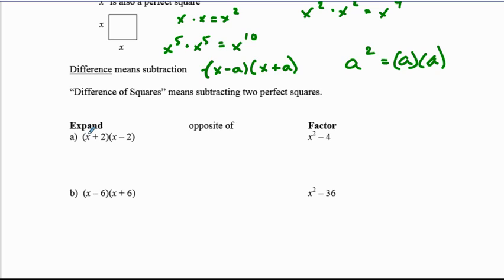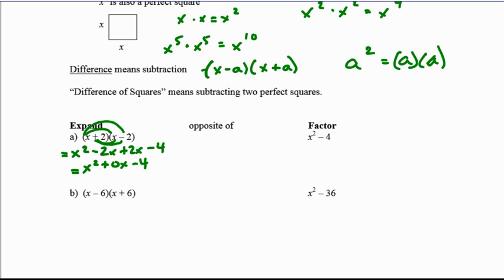If we were to work this out, all right, x times x is x squared, x times negative 2 is negative 2x, 2 times x is positive 2x, and 2 times negative 2 is negative 4. Again, we have like terms here, so we're left with x squared plus 0x minus 4.